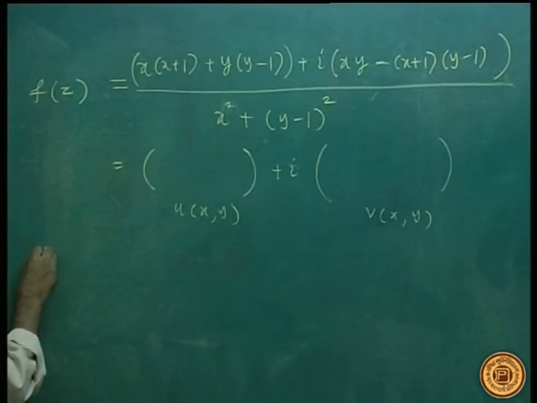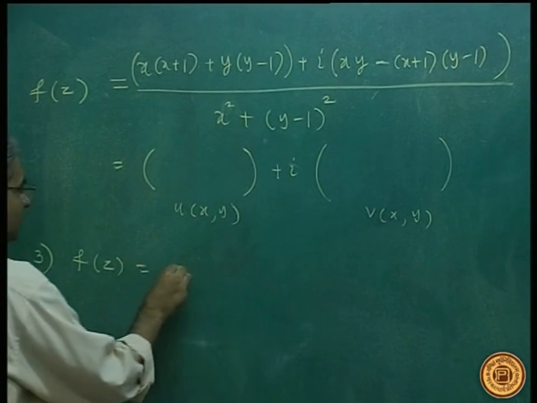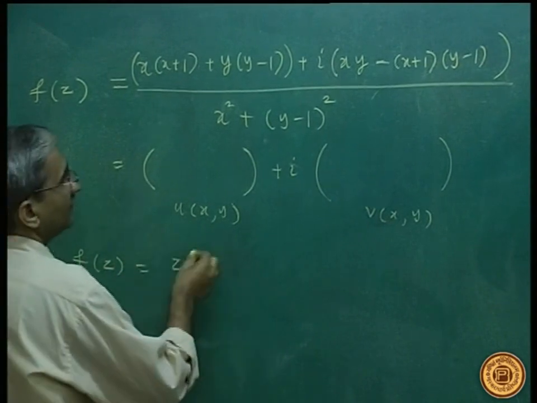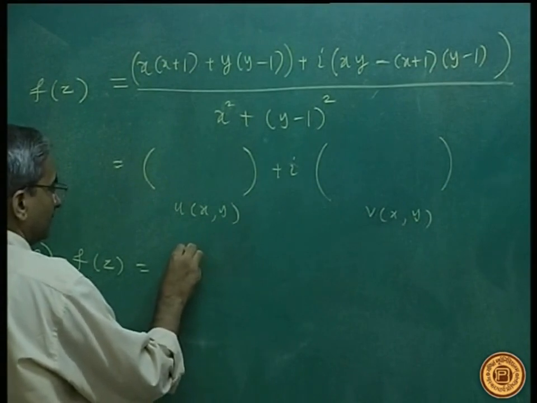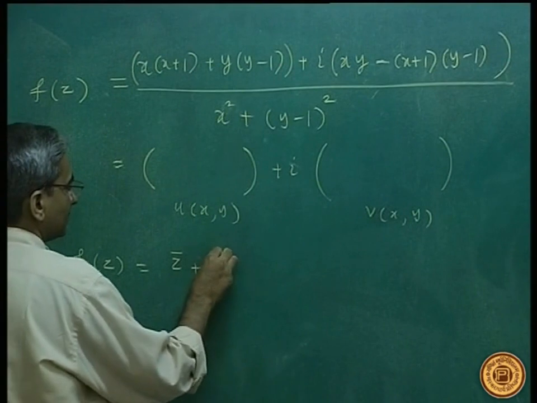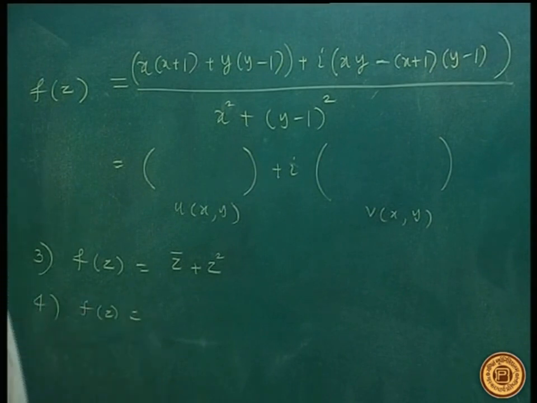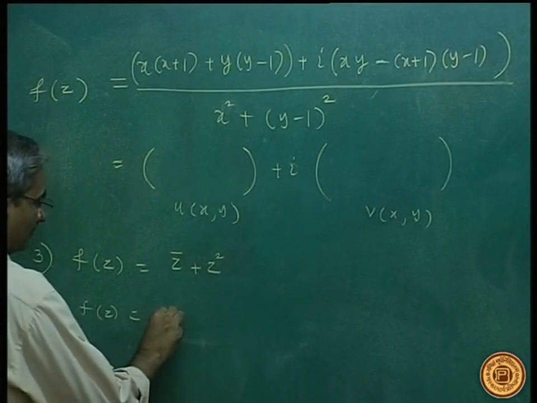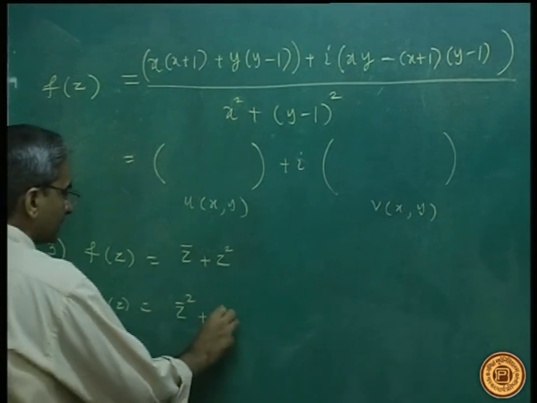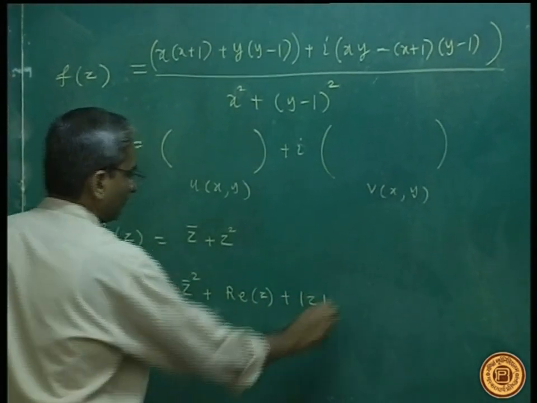So I will give you some more problems for practice. f(z) is equal to, say, z bar plus z square. f(z) is equal to z bar square plus real part of z plus mod z.